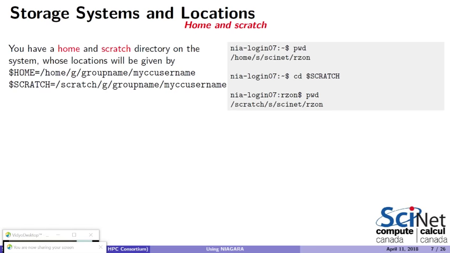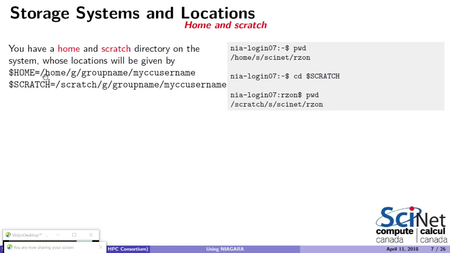Now, for anything bigger than that, or for stuff that you need during your run, we have an area called Scratch. And these live in longish names. The group name is part of your path and the first letter of the group. So for me, I am in home, S, Signet, Arzon, which happens to be my username, and Scratch is under Scratch.